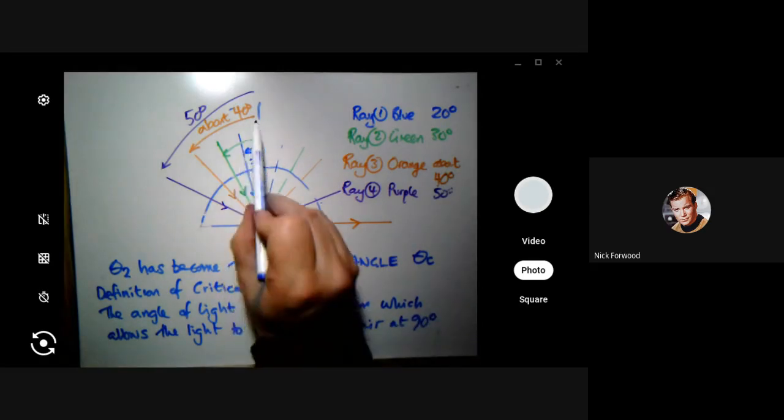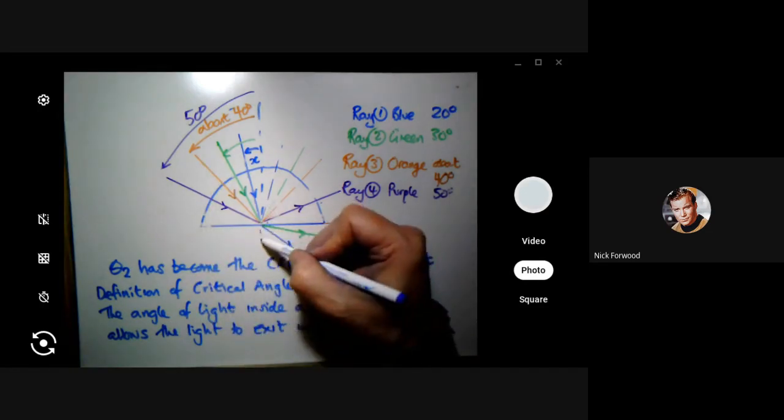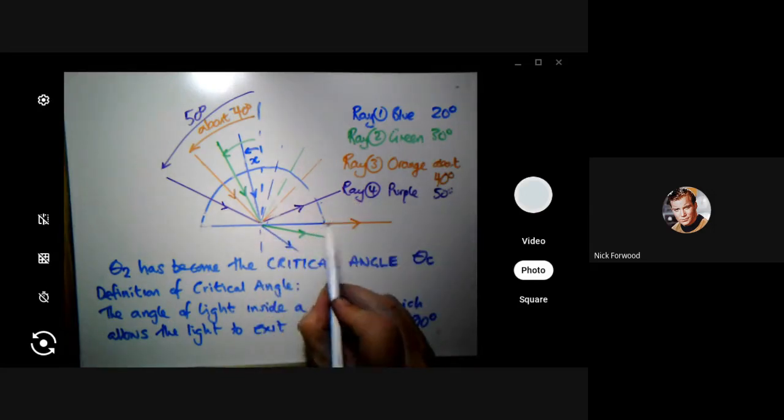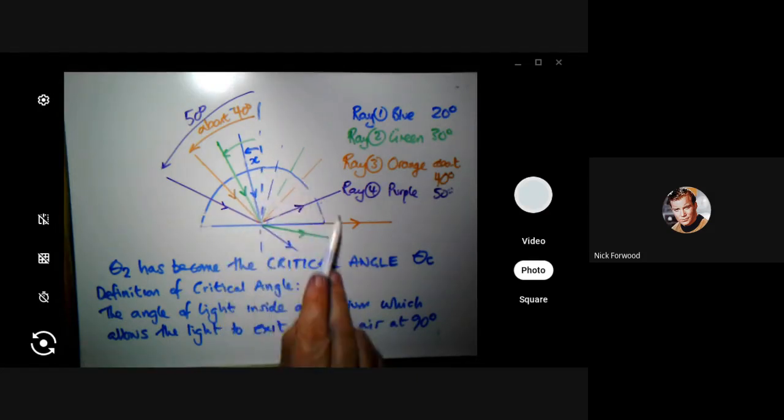So if that's about 40 degrees, the angle all the way around from the normal is 90 degrees, or the angle all the way from this normal is 90 degrees. They're both exactly the same. Allows the light to exit into the air at 90 degrees.